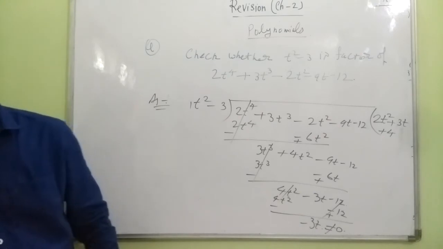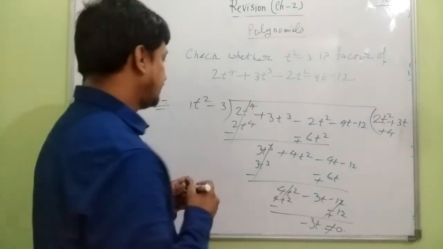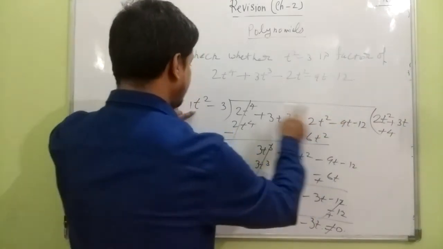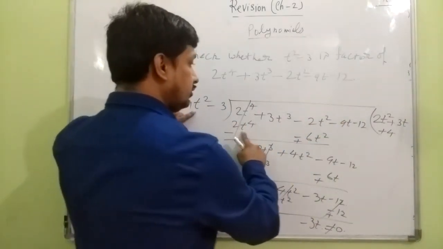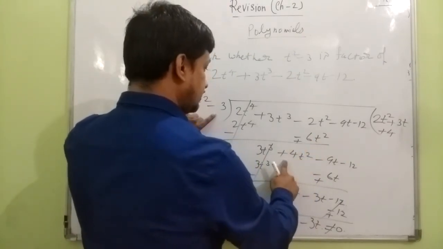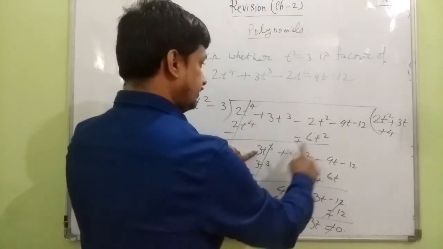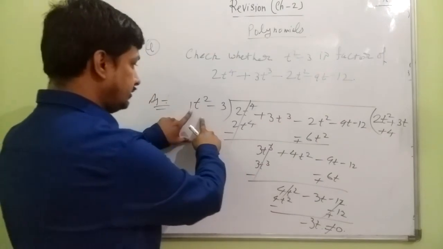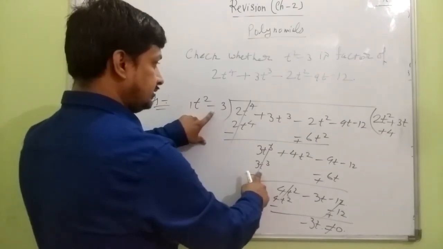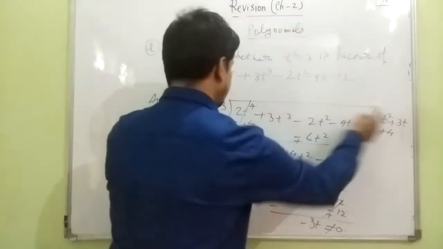I think some mistake is here. Let us check it again. t square by 2t square gives you 2t to the power 4 minus 6t square, then it will be cancelled out. Okay, then by 3t you have done 3t cube minus 3 times 3. Okay, here is the problem. 3 times 3 is 9.